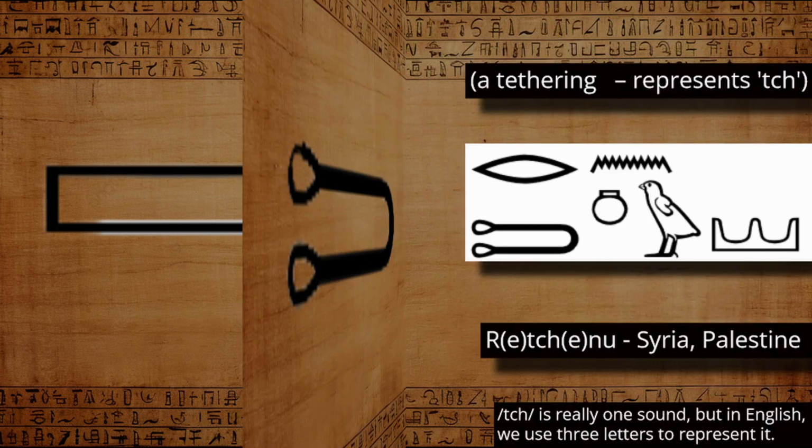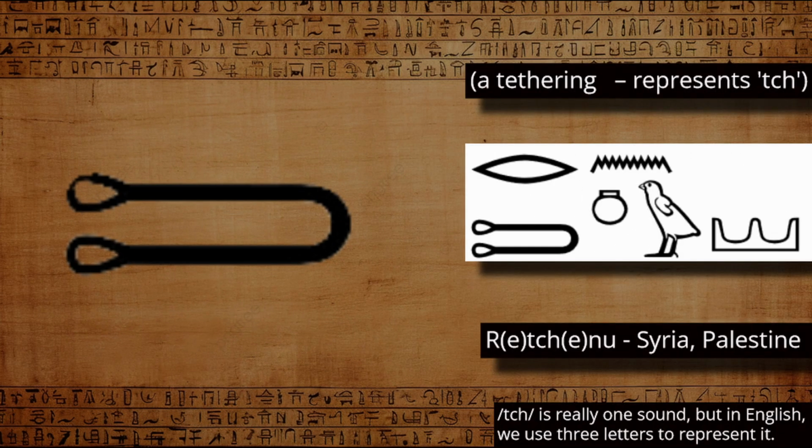And finally, we reach the last symbol, tethering rope, which represents the sound sh. And though it's spelled with three letters this time in English, it is still just a single sound. And actually, I only could find one example, and that was the word Recenu, which means Syria or Palestine.